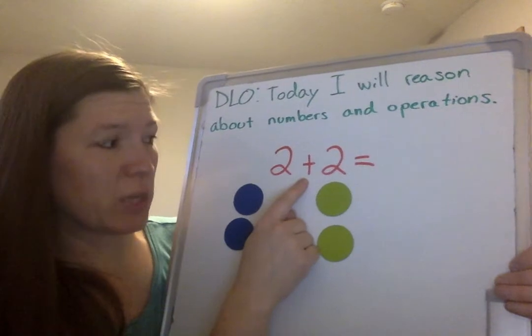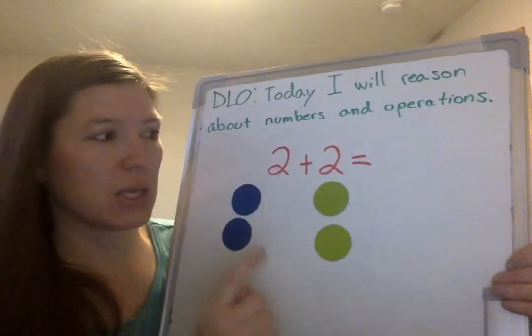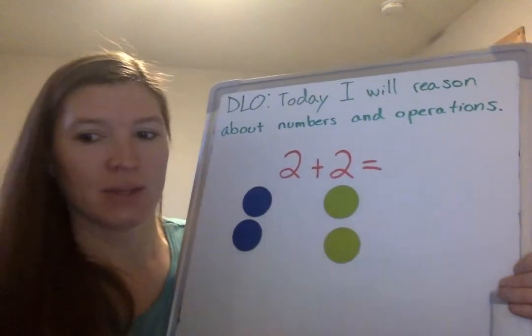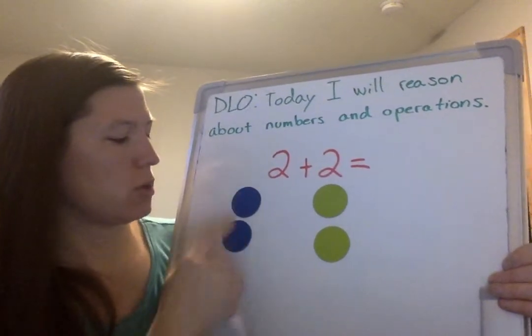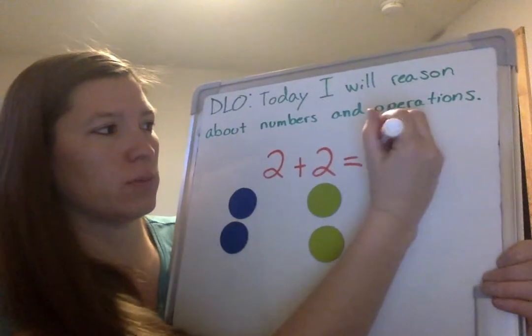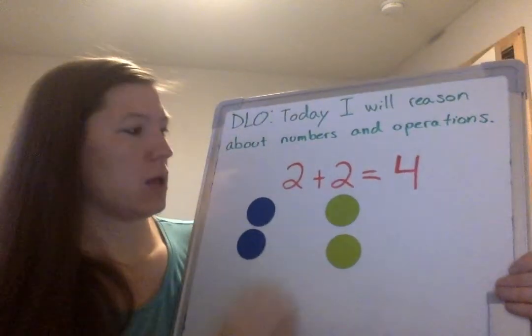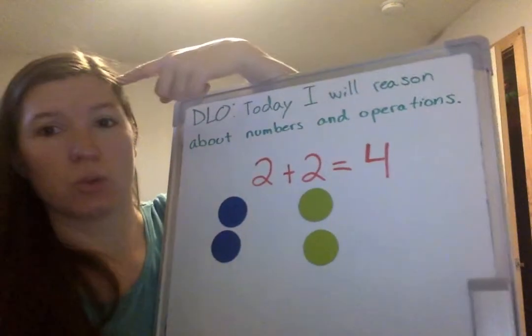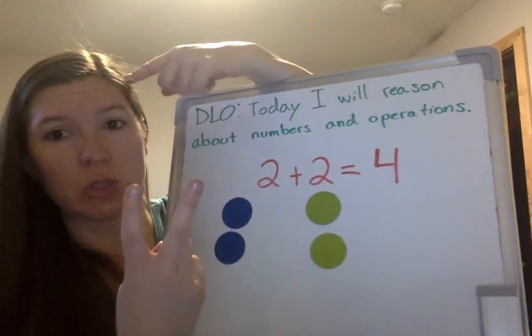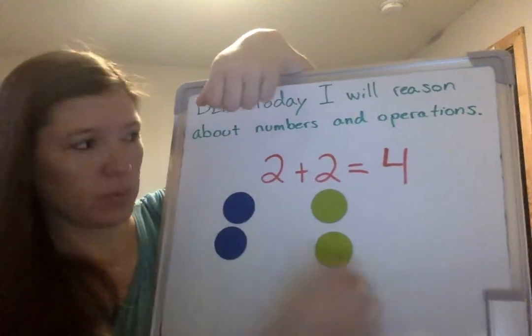My operation is plus, so I'm going to add them all together to find my sum. 2 plus 2. I can look at my picture and count them. 1, 2, 3, 4. My sum is 4. If I didn't have a picture, but we are doing pictures today, I could put 2 in my head, 2 in my hand, and say 2, 3, 4. My sum is 4.